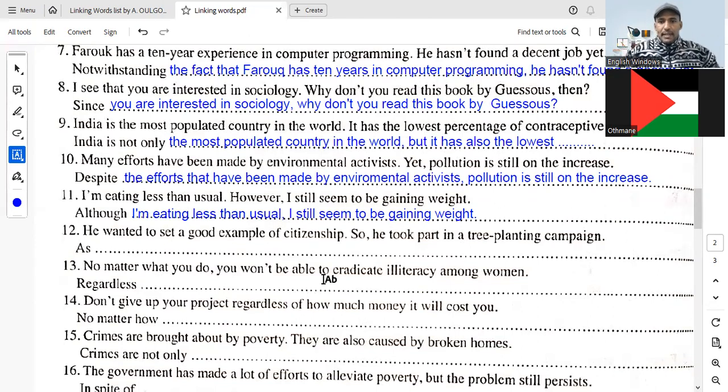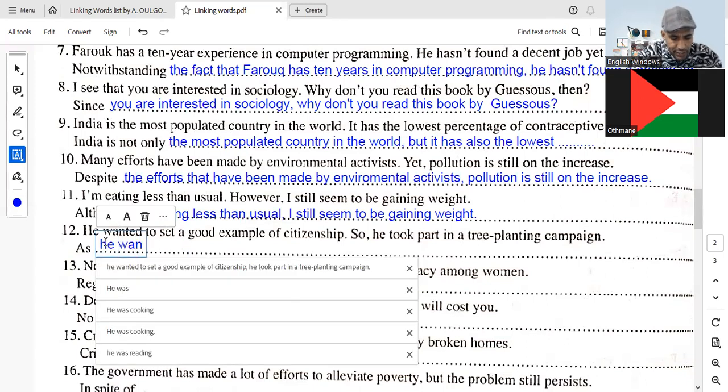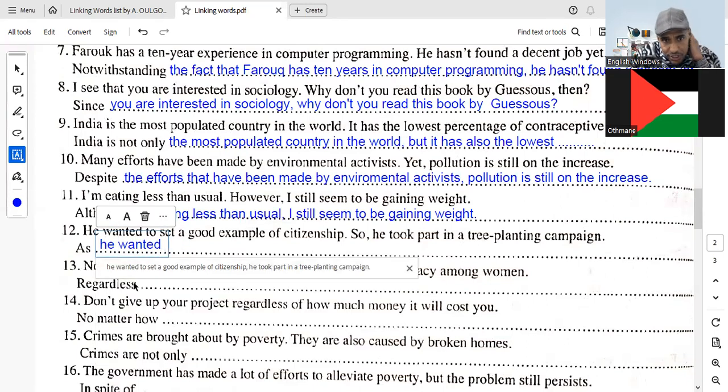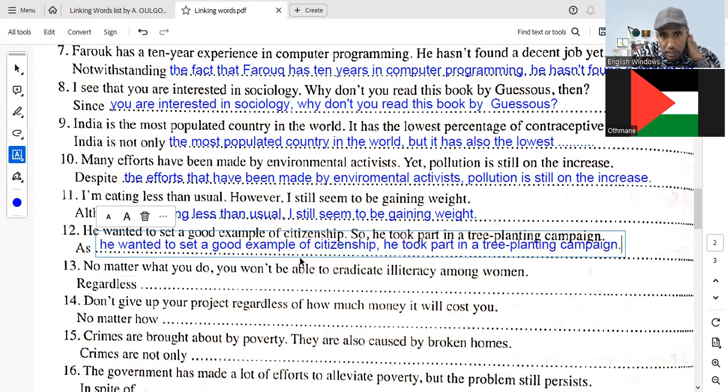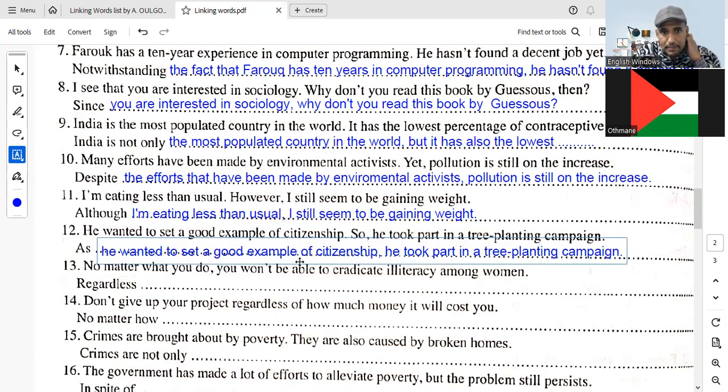Yes, tree planting. We have here "as" to express the cause. As means because. As he wanted to set a good example of citizenship, he took part in a tree planting campaign.